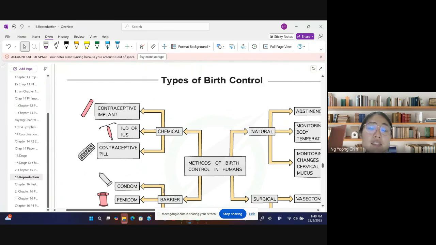To prevent women from becoming pregnant, they use hormones to control it. For example, they eat the contraceptive pill, 避孕丸, or they implant a device inside, for example an IUD or IUS. This is called an intrauterine device.